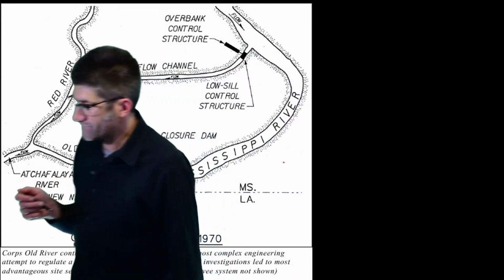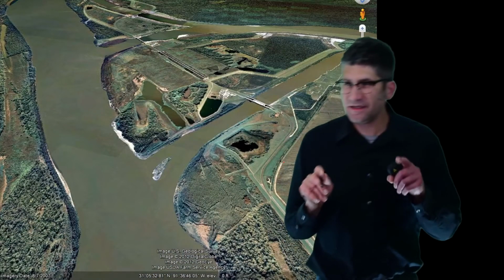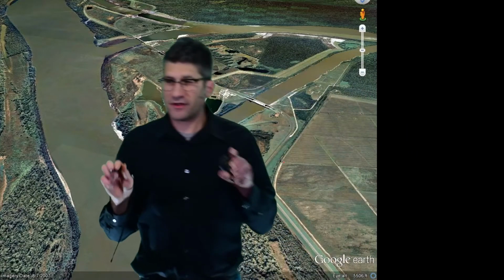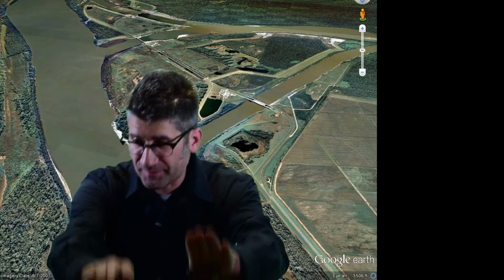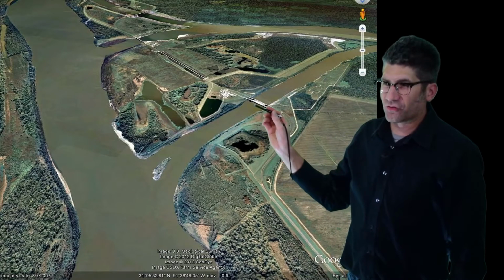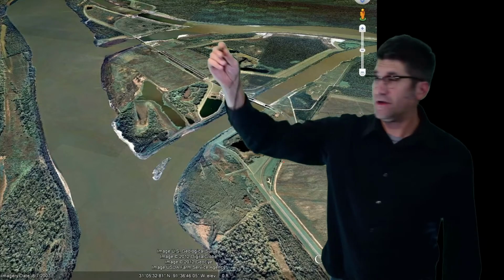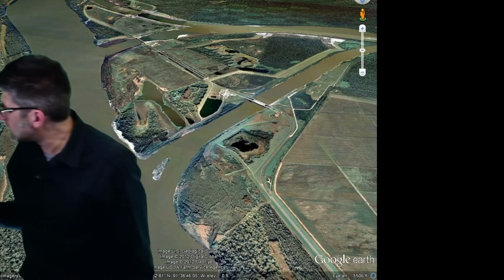Okay, so let's look at what these look like. So here we're looking down the Mississippi River. So here you would be going down the Mississippi River, okay? And so this is that Upper Old River control structure right here, and then the Lower Old River control structure down there. Okay.